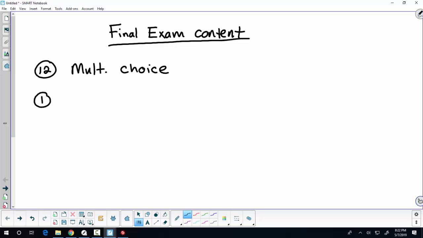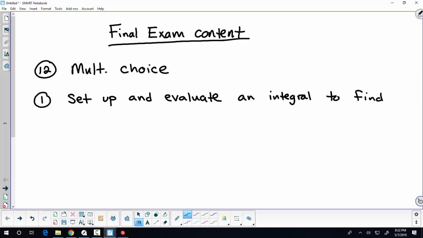One question from 6.2, where you set up and evaluate an integral to find the area between 2 curves. One of those.